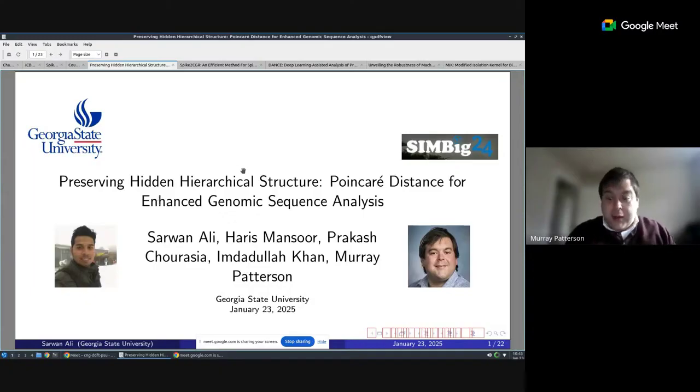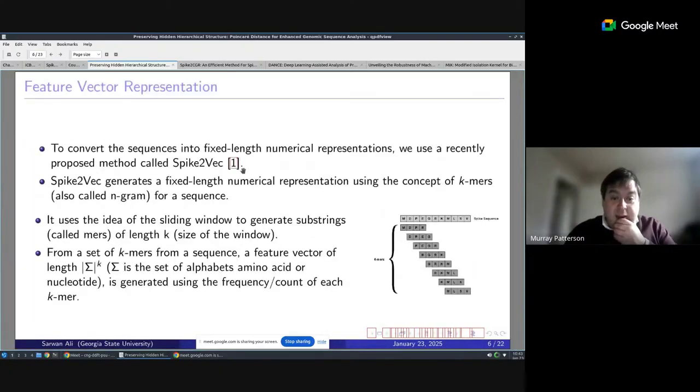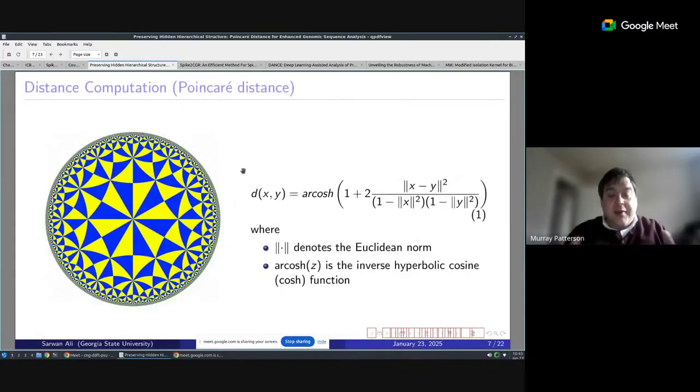So the idea is, I'll zip to the Poincaré disk. The Poincaré disk more naturally embeds a tree because I can put the root at the center and then the levels of children are on this hyperbolic disk, and there's less distortion in the space.